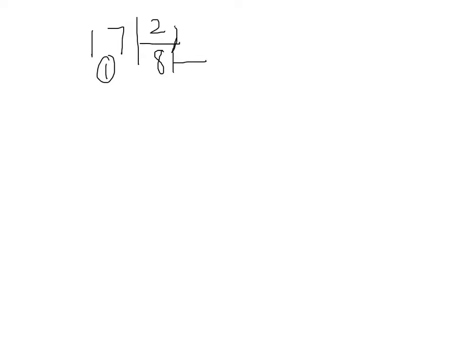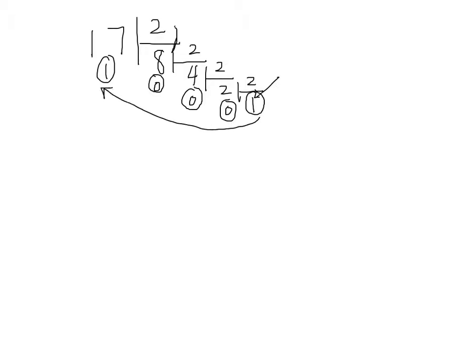Now continue. 8 divided by 2 gives you 4. Remainder becomes 0. Circle it. Then 4 divided by 2 gives you 2. Remainder is 0. Then 2 divided by 2 gives you 1. Remainder 0. Now this 1 here, the last one, because it's less than 2, we are going to stop and we are going to circle it. Now start writing the new number in base 2 from the last remainder to the first one.